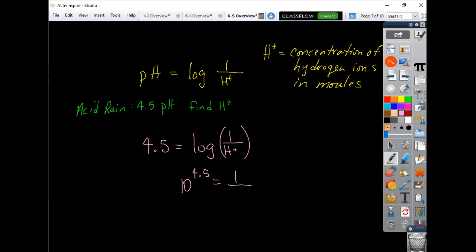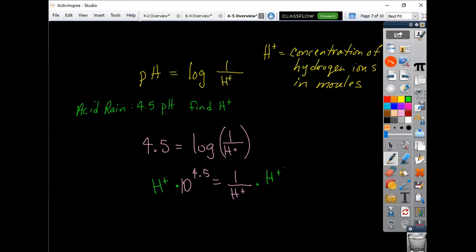But that's 1 over the concentration of the hydrogen ions. So we're going to have to still get that out of the denominator. What we would have to do first, and I'm going to work out that 10 to the 4.5, is multiply by this to get it out of the denominator.